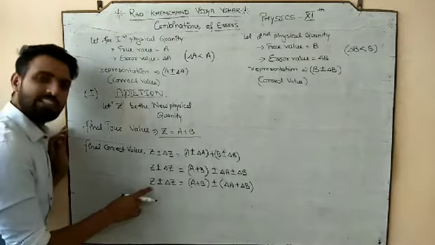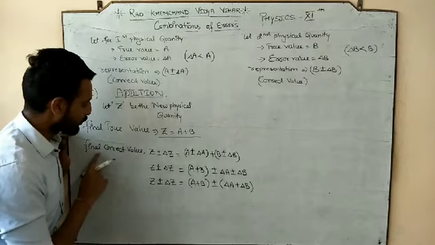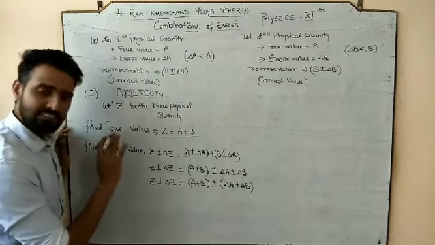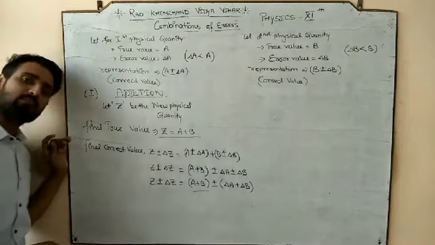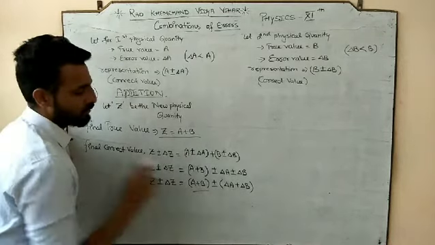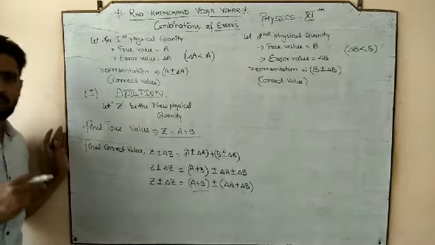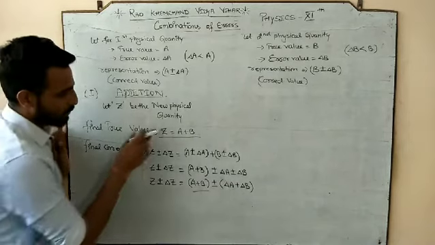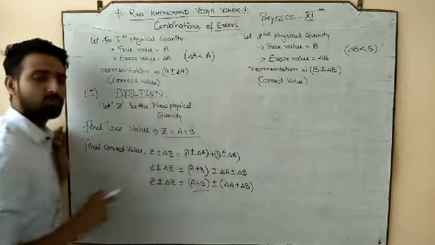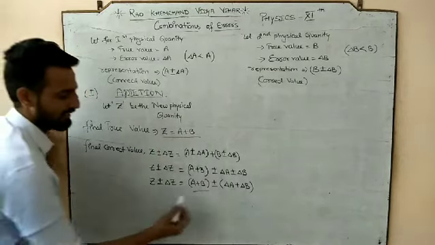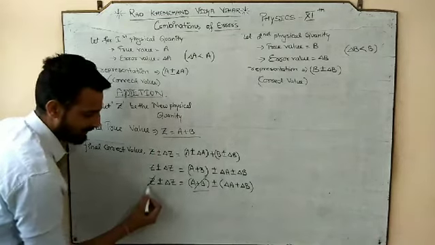Now, what is this Z? The true value of the physical quantity after addition. And what is A plus B? It is the sum of the true values of both the physical quantities individually. So we know that the true value of the final quantity is equal to the true value of the first plus the true value of the second. So this will cancel with this.